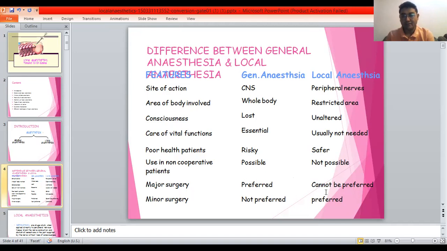But in local anesthesia, when we inject the local anesthetic, after the duration of action of our drug finishes, the anesthetic effect will be finished, and then injecting again, especially in spinal anesthesia, will not be good for the patient. That is why local anesthesia is preferred for minor surgery, but general anesthesia is not preferred there.